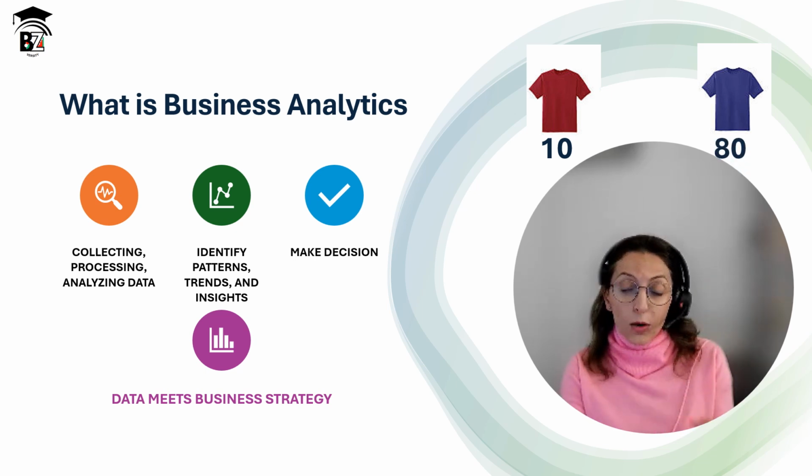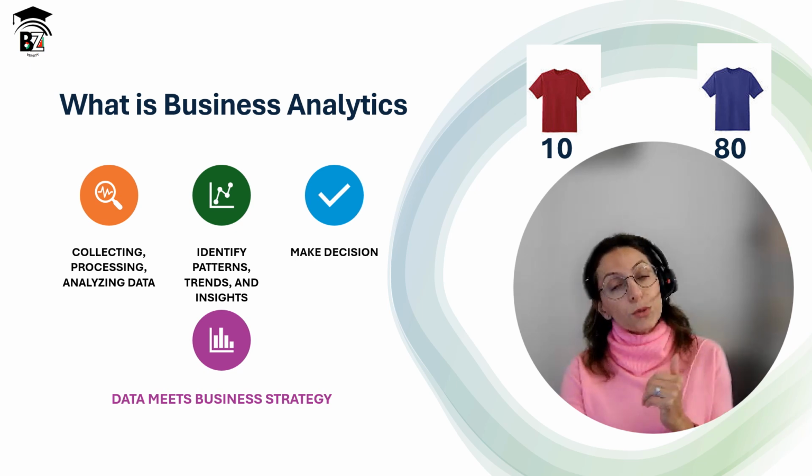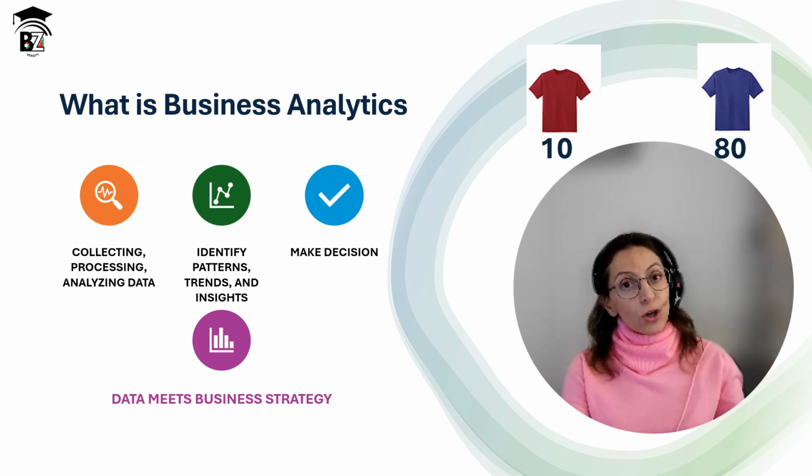So for the following month, when you want to place an order for your supplies for the store, you know that you should be ordering more of the blue shirts versus the red shirts. What did you do here? You basically made an informed decision for your business based on the data that you had.